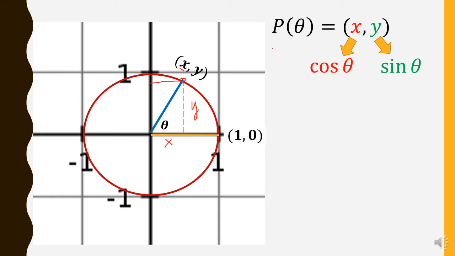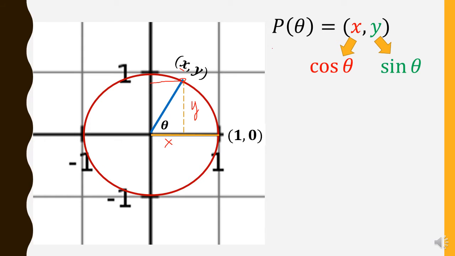It's like the address of cosine theta and sine theta. So don't interchange the two values because x and y, as you know, the ordered pair is not interchangeable. As you know, 1, 2 is different from 2, 1 on our coordinate system. Same as 1, 0, this is different from 0, 1.